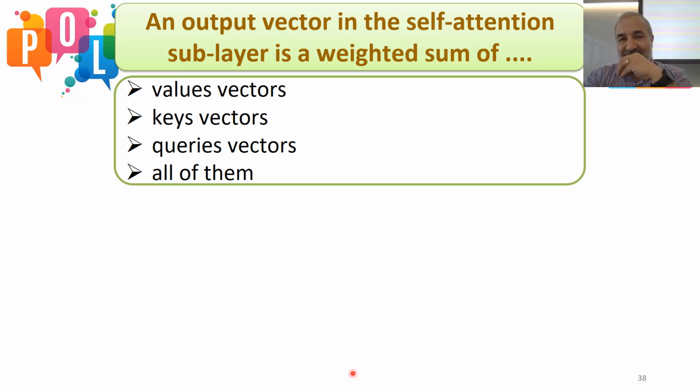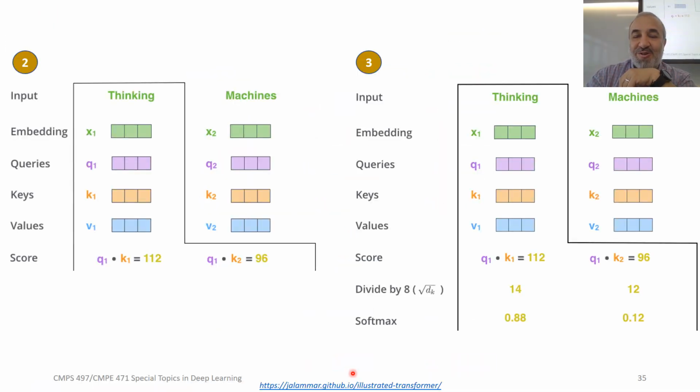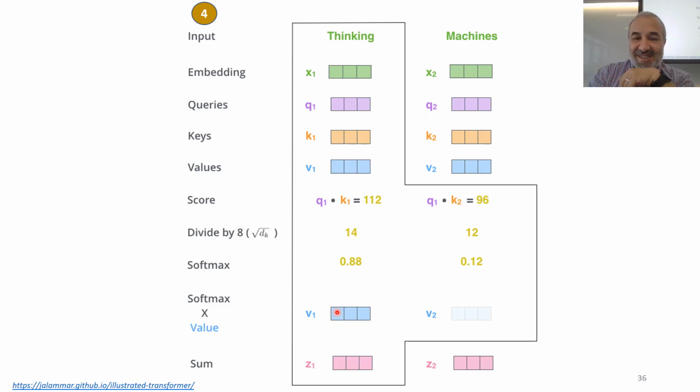It's a weighted sum of values only, right? What did we do here? These are the weights. So the output is a weighted sum of these two vectors. It's straightforward, right? It's a weighted sum of the value vectors.